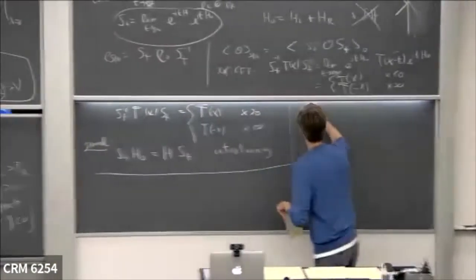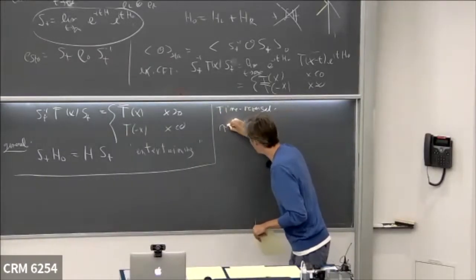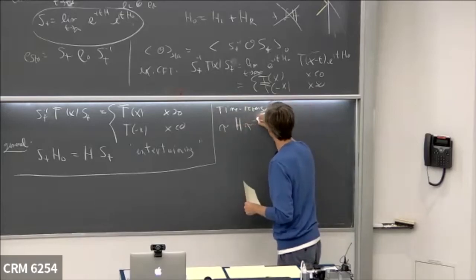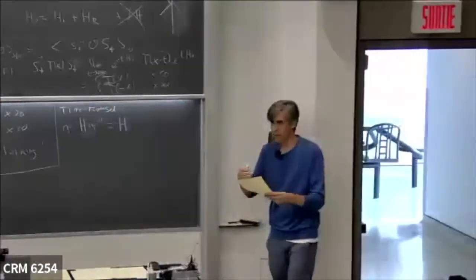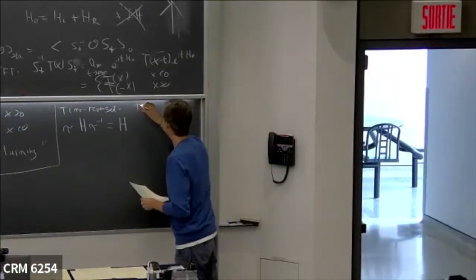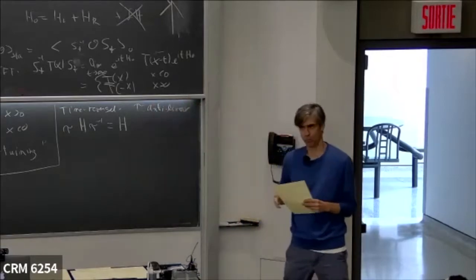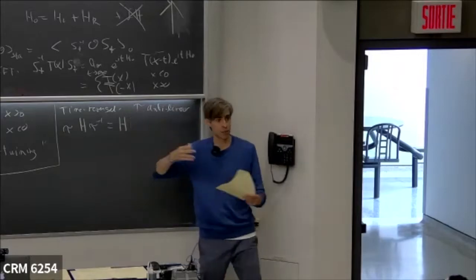We assume that there exists a time reversal symmetry, which we call tau, such that the Hamiltonian is invariant under this time reversal symmetry, and tau is antilinear. The anti will not play too much of a role here, but if the Hamiltonian is preserved and tau is antilinear, then it changes time to minus time.